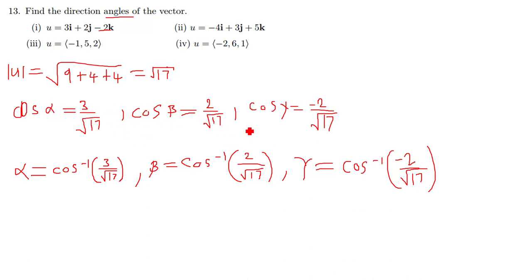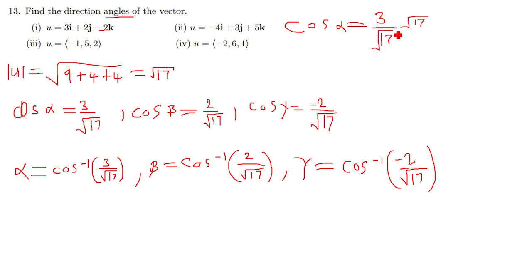When you rationalize, for instance, the first question here, cos alpha, instead of 3 over root 17, you can write this as 3 root 17 over 17. How did I do that?